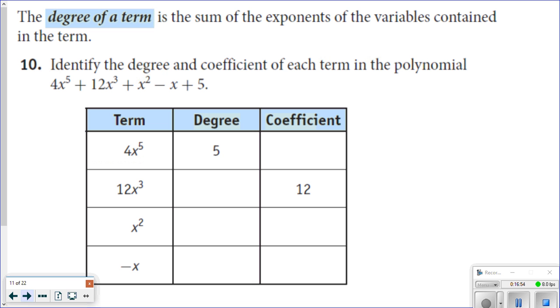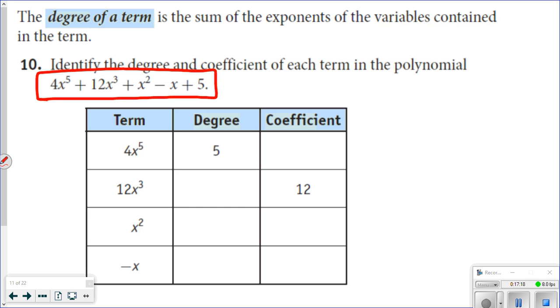The degree of a term is the sum of the exponents of the variables contained in the term. So question 10 says identify the degree and the coefficient of each term in this polynomial right here. The first term is listed for you. It's 4x to the fifth power.